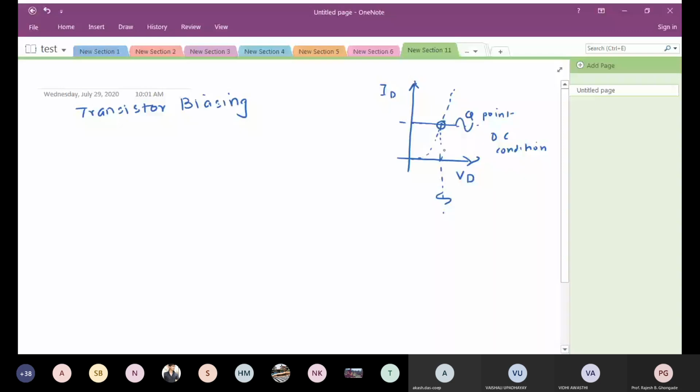So initially I have to bias the diode, and that biasing in case of a silicon diode is 0.7 volts. So biasing actually means a Q point. What are the coordinates of the Q point? They are your ID and VD.